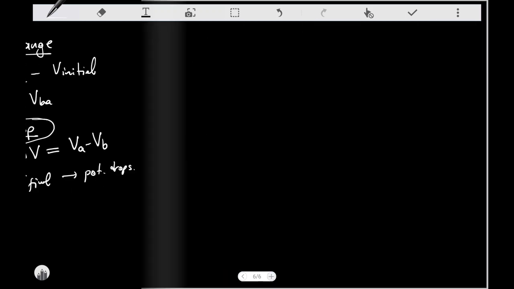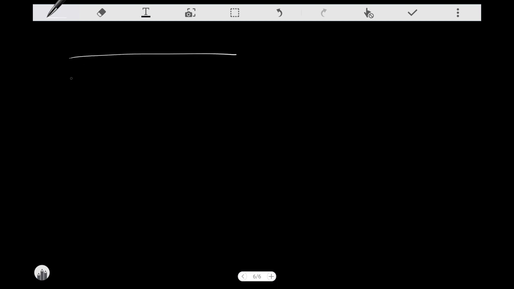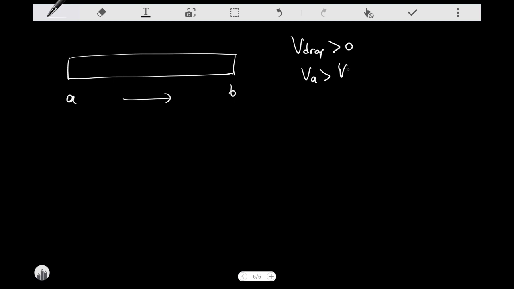We can also understand why. So let's consider the situation where the potential drop is positive. So the direction is like that. So V drop is positive. That means that A is at a higher potential than B. Which means, of course, there's an electric field from A to B, in which case a positively charged charge carrier at point A will be forced along the direction of the electric field.